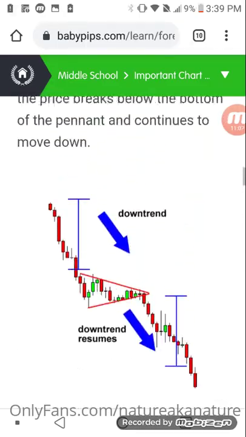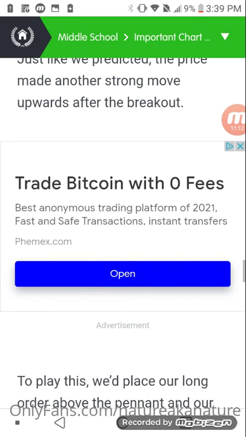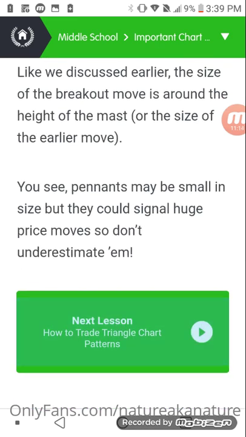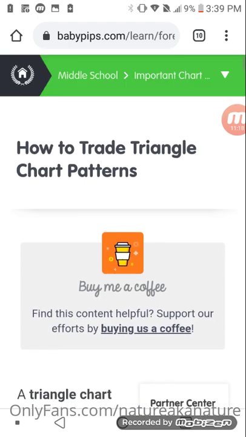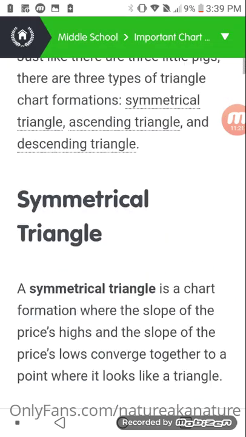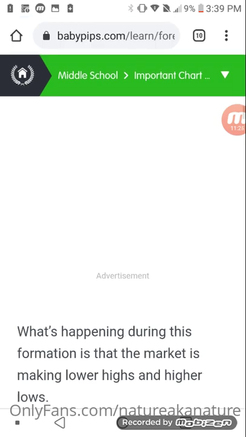In our next video, we'll discuss a little more on how to trade these patterns. The next pattern we're going to talk about is how to trade the triangle chart pattern.